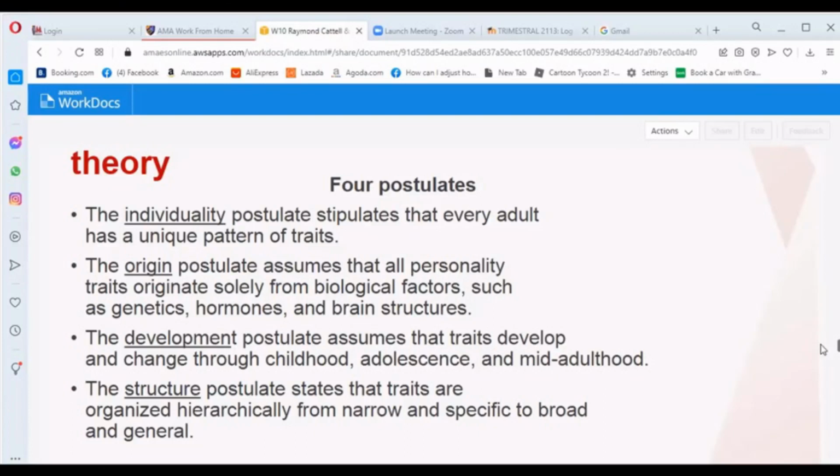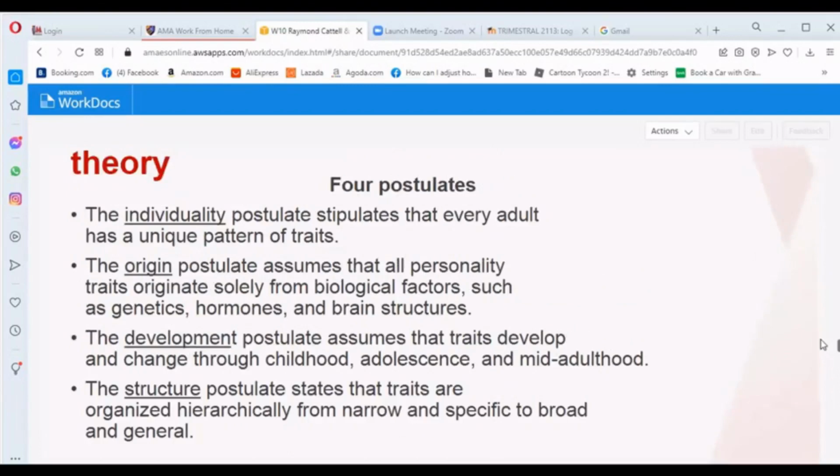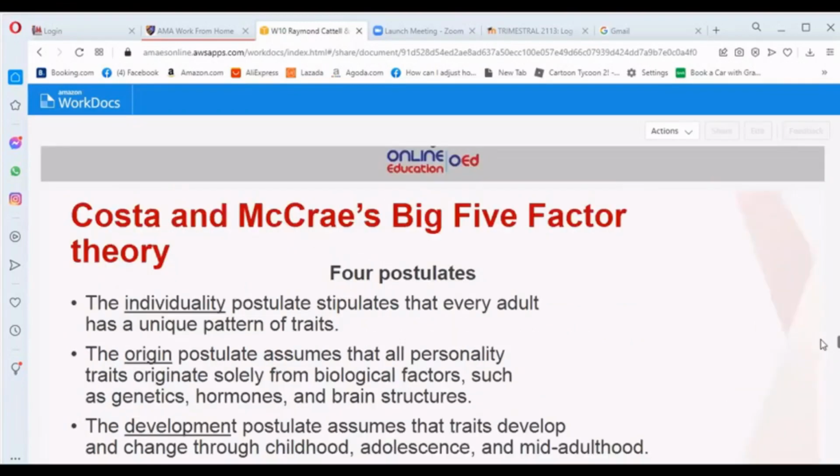The 4th postulate, structure, states that traits are organized hierarchically from narrow and specific to broad and general. Those are the 4 postulates under the big 5-factor theory.